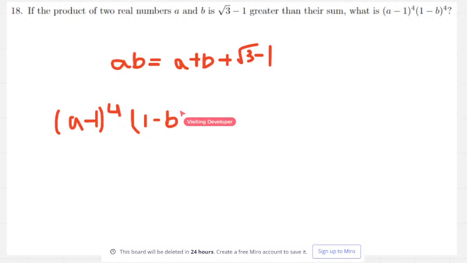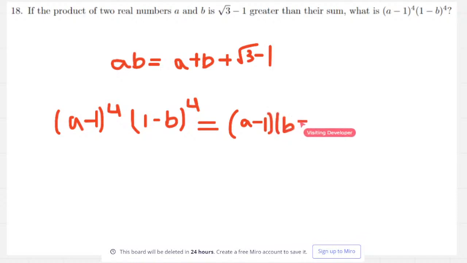Since these two terms are both raised to the fourth power, we can combine them into a minus 1 times b minus 1, to the fourth power.